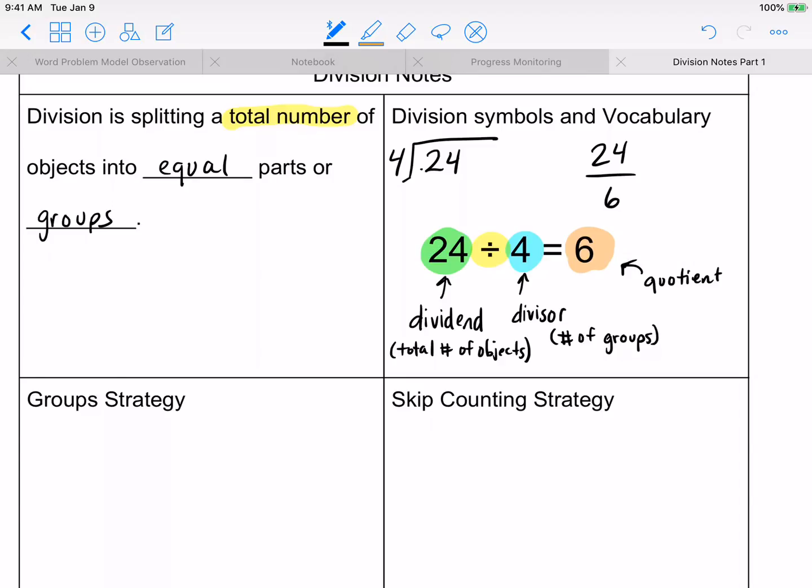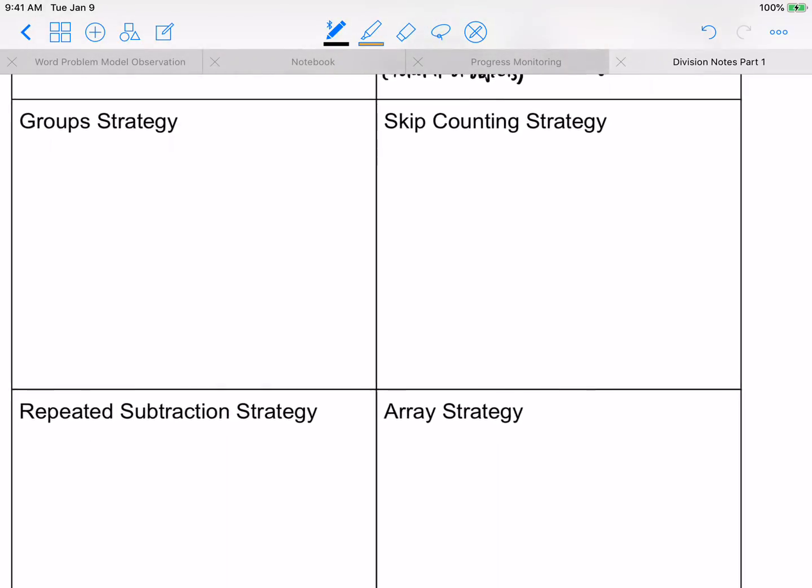And then the quotient is either the number of groups or the number of shares in each group, but it's the answer. So those are the words that we need to know for division. Dividend, the total number of objects. Divisor is the number of groups or number of shares in each group. And quotient, which is the answer, but that's also going to be the number of groups or the number of shares in each group. We'll get into that a little bit more later.